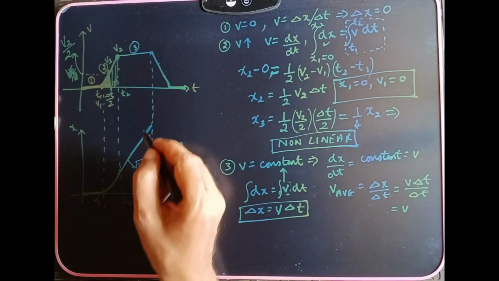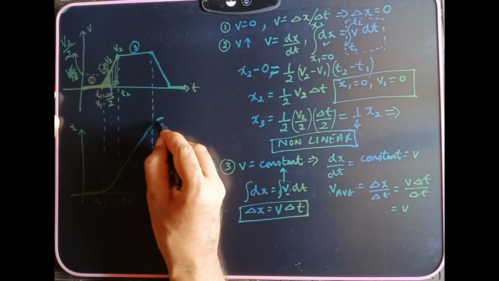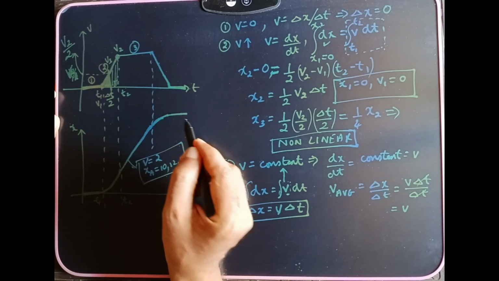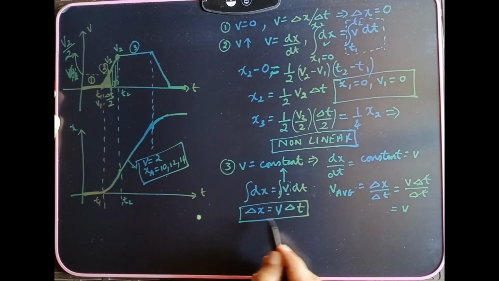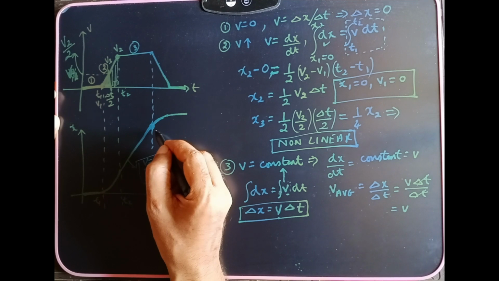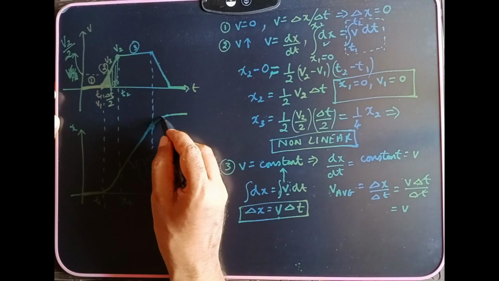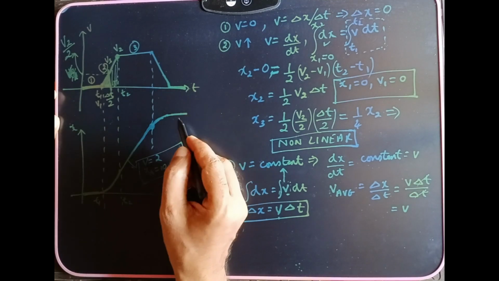Then similarly, you can plot the other portion of the graph, which is curved and then straight. Remember that displacement, you have to continue from this particular point. And at this point, we know that displacement is v delta t. So v delta t is here, right? From v delta t, then you can take the displacement. And then finally, there is no change in displacement, which is shown here.